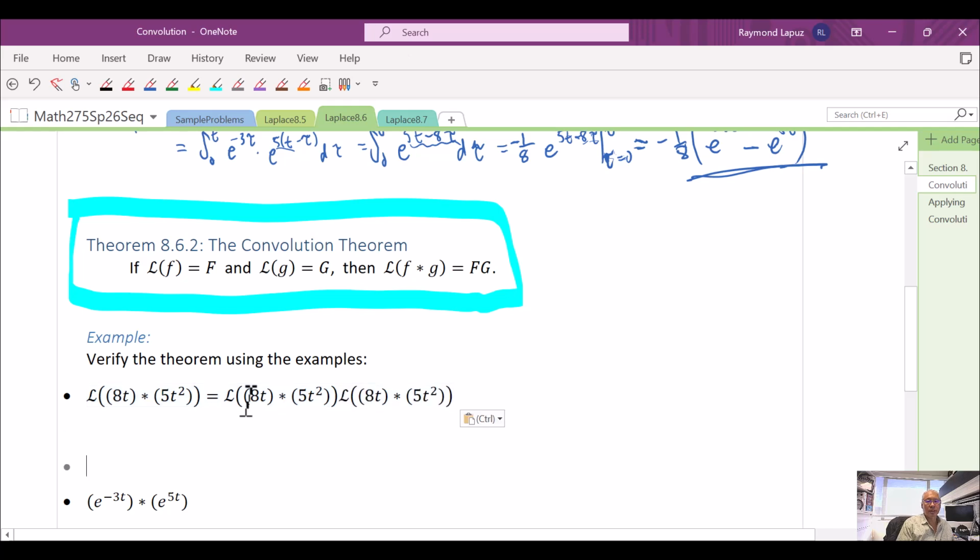Sorry, I'm just doing some quick copying and pasting. So hopefully this will be true. I've got too many parentheses here. All right, that's better.